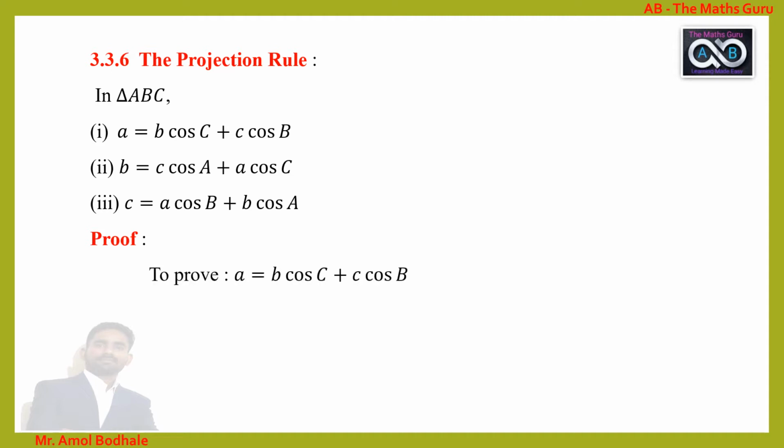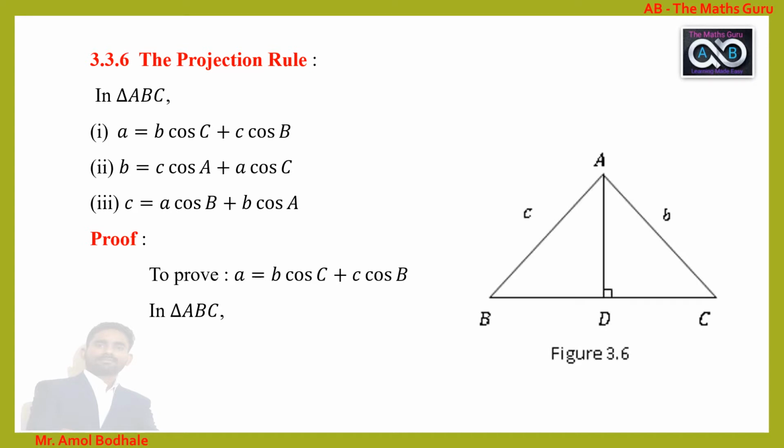First, we can prove the first statement, that is small a equal to b times cos C plus c times cos B. So to prove this statement, we will consider a triangle. In triangle ABC, we will draw the altitude AD on BC.